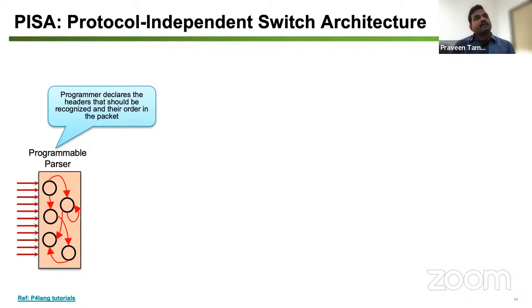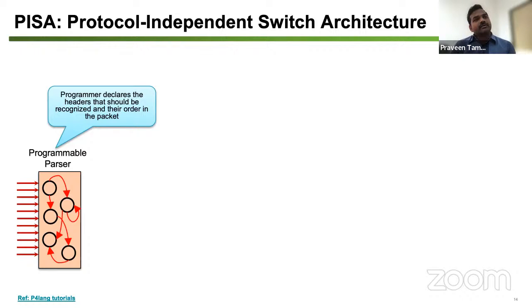You have a programmable parser, where you can tell the parser which packet headers should be recognized. This parser is a simple deterministic finite state machine, where the transition between states is based on field values in the packet header.